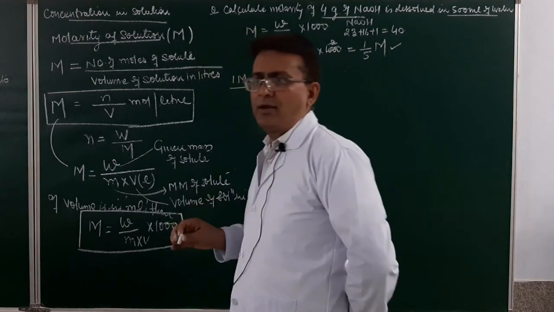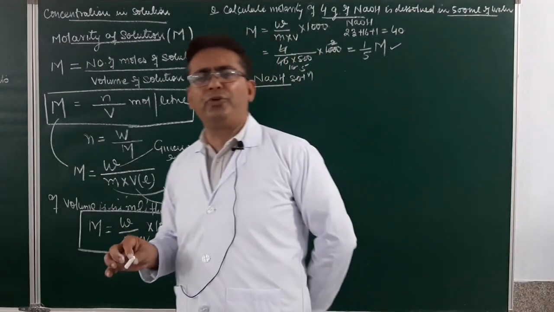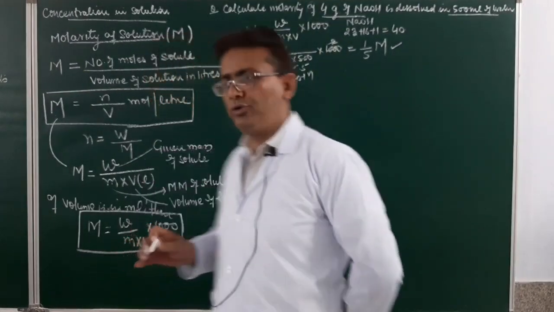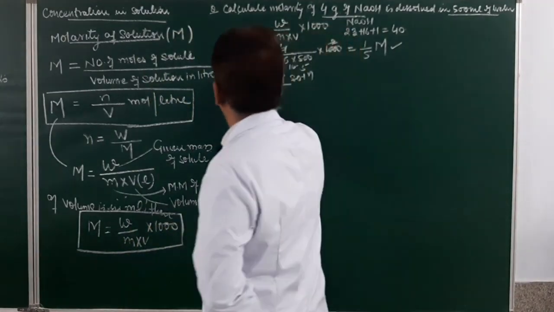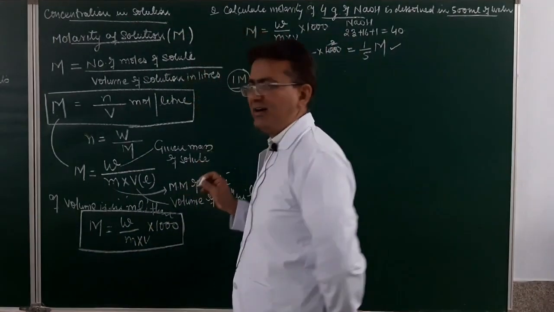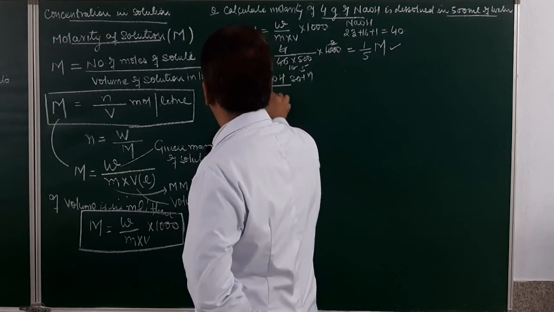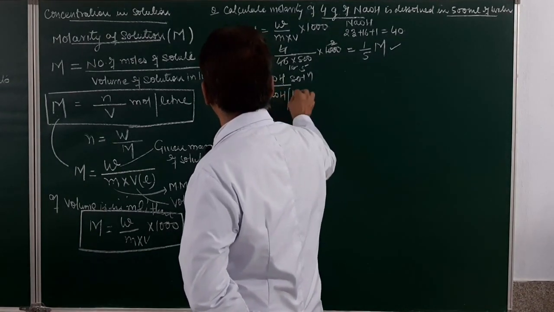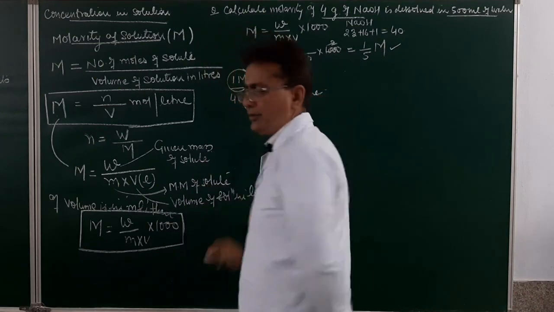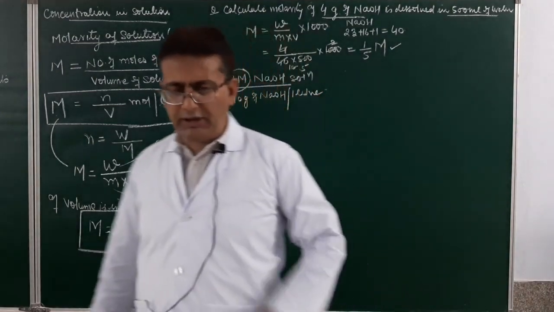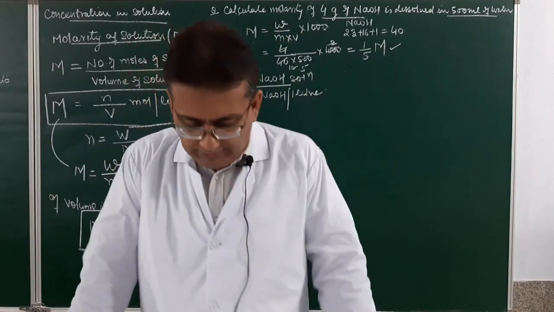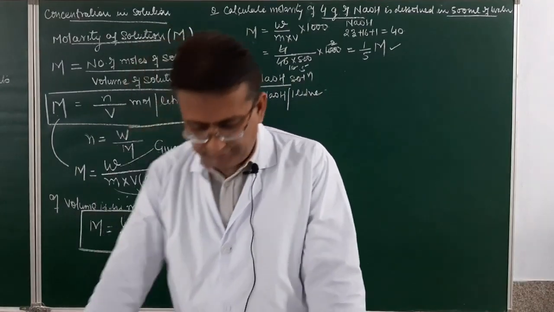It means 1 mole of sodium hydroxide is dissolved in 1 liter of the solution. 1 molar means equal to gram molecular mass. So it means 40 gram of sodium hydroxide is present in 1 liter of the solution. 40 gram of sodium hydroxide is dissolved in 1 liter of the solution.